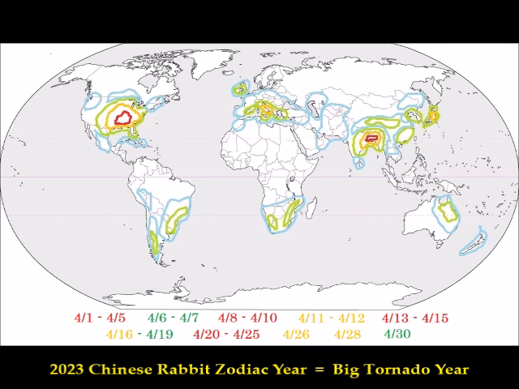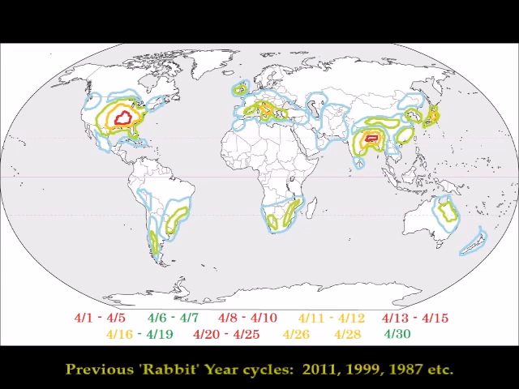We just have to go back to the last two such rabbit years to see the effect of this animal sign cycle on the United States, particularly. 2011, the previous rabbit year, had that super outbreak in late April of that year. We go back 12 years more to 1999, devastating tornadoes that destroyed parts of Oklahoma, including the most powerful tornado ever recorded.